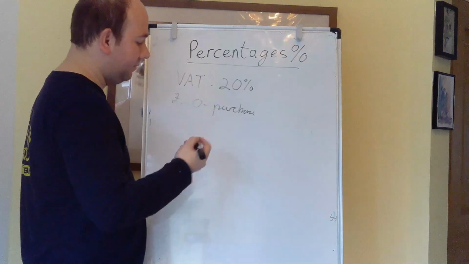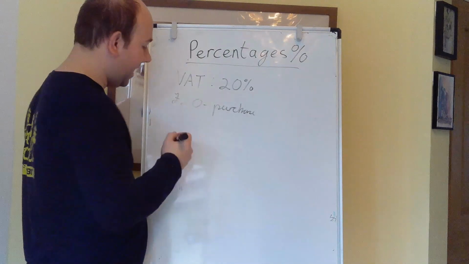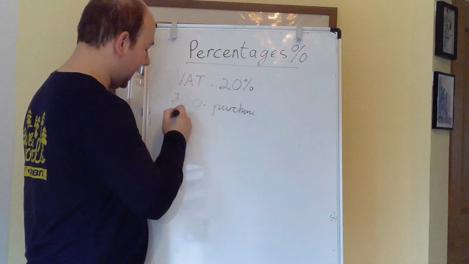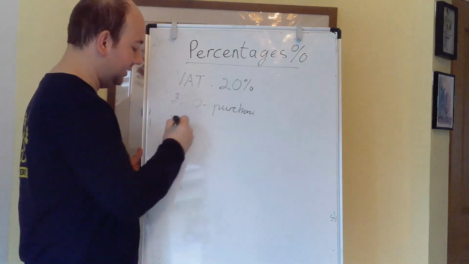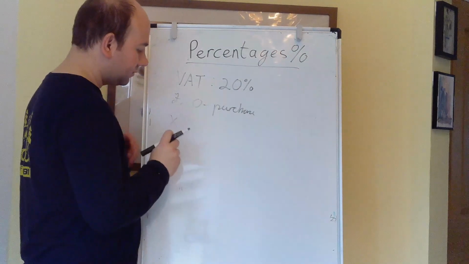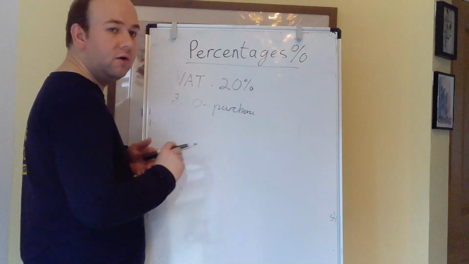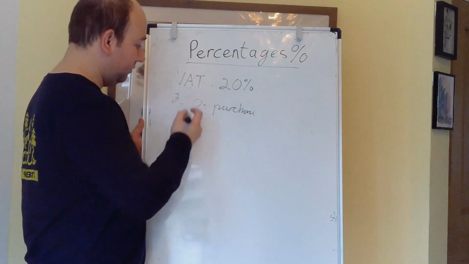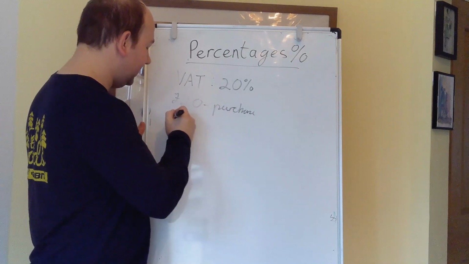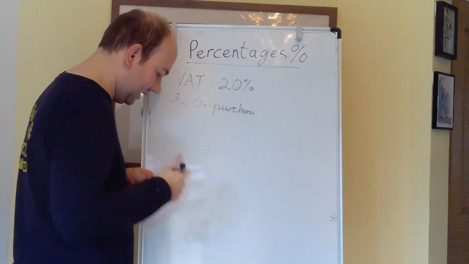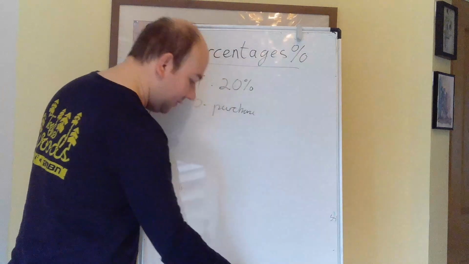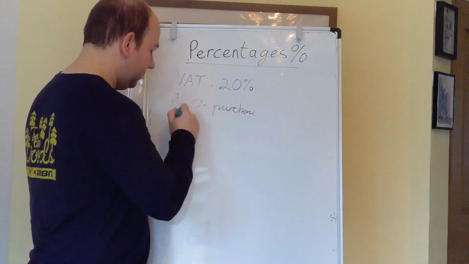So what has happened? We've got some value of the good, which is X, and that's what we're trying to find. And we know the price of the purchase. You've paid £20 for it, and I'm going to swap pens to green, that one's running out.